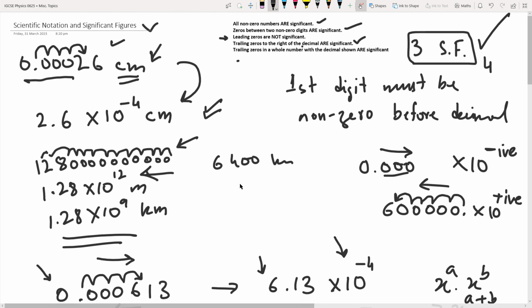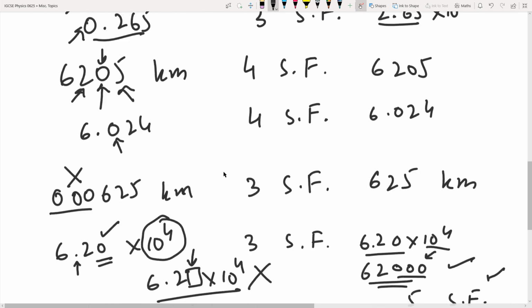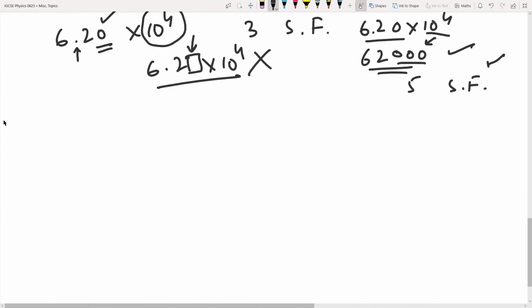Okay, final rule: trailing zeros in a whole number with the decimal shown are significant, right? If you get an answer something like this, let's say I calculated an answer and it's a whole number, let's say 8 centimeter. As I said, you need to write three significant figures, so you must add these two zeros, and these two will be significant.